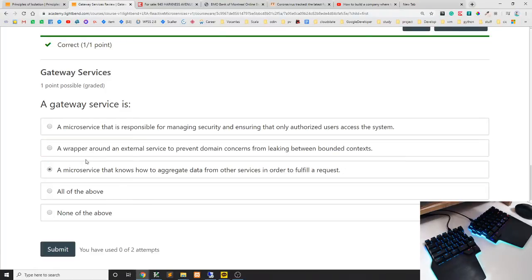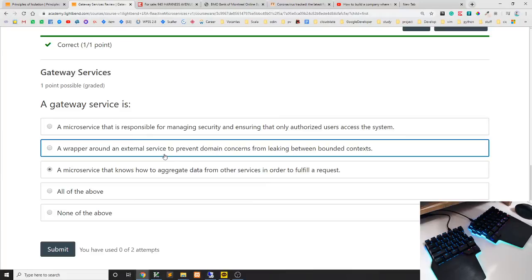Wait a second. A wrapper around an external service to prevent domain concerns from leaking between bounded contexts, because the microservice itself should have authentication and authorization and prevent the leaking, because if that has some issue, it means that it by itself has some issue.